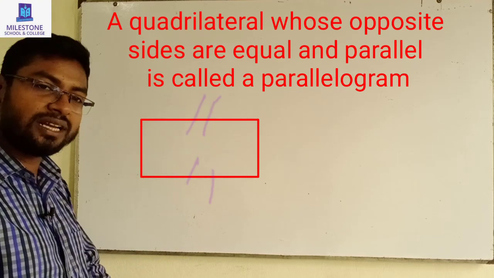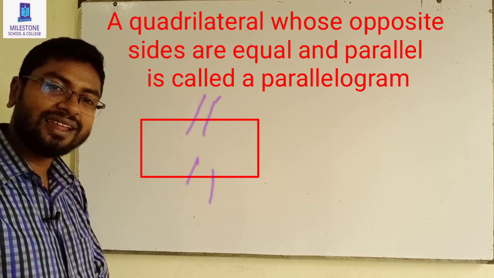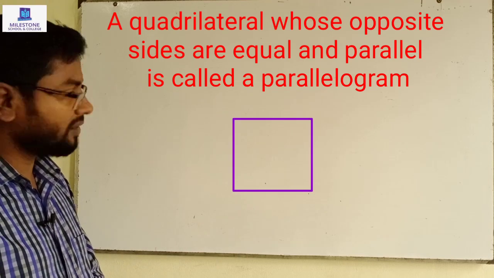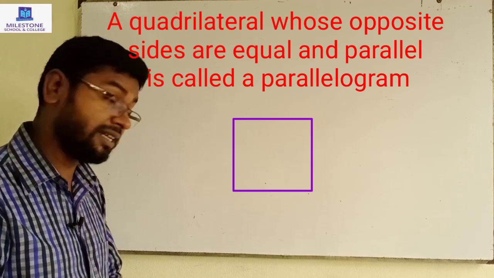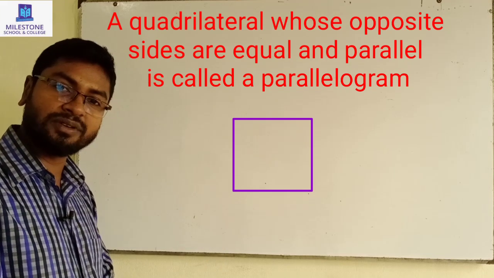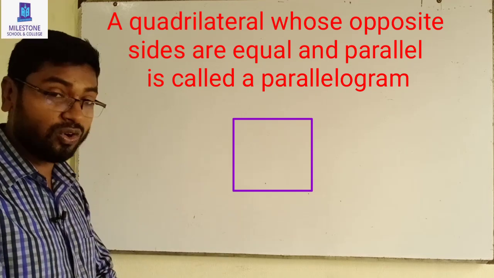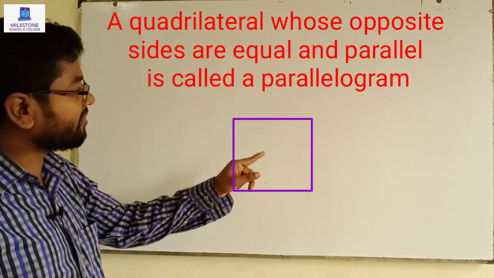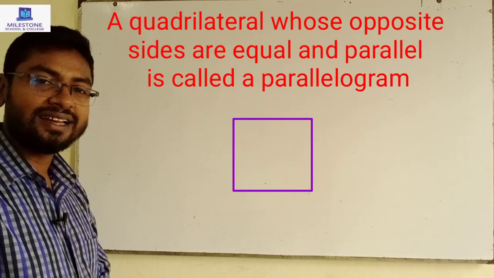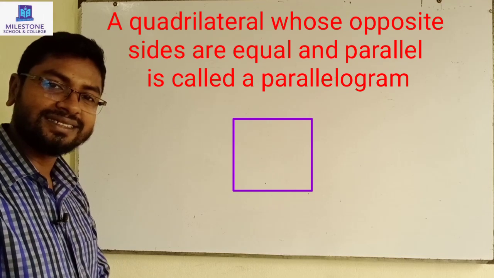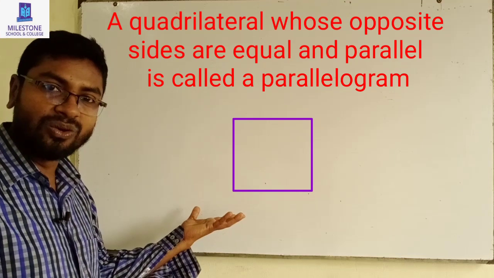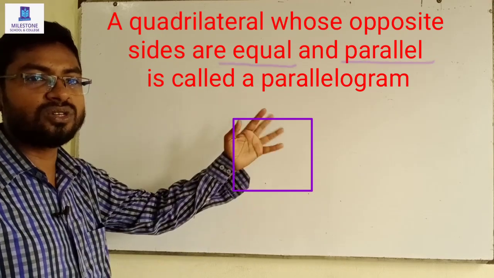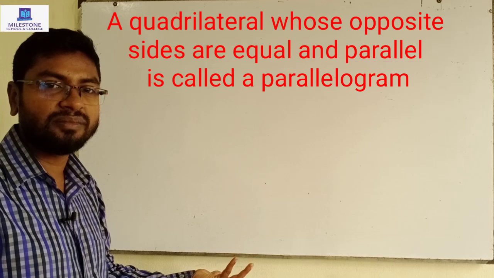So this one we can call a parallelogram. See this figure. You are telling me this is a square. Yes, its special name is square, but it is a parallelogram. Why is it a parallelogram? Opposite sides are equal, angles are right angles. Look, my condition is opposite sides are equal and parallel, so it is a parallelogram.